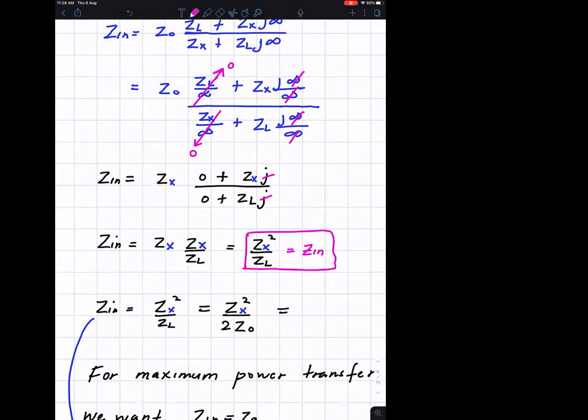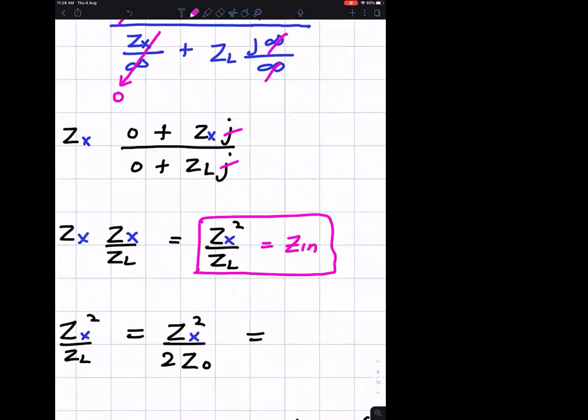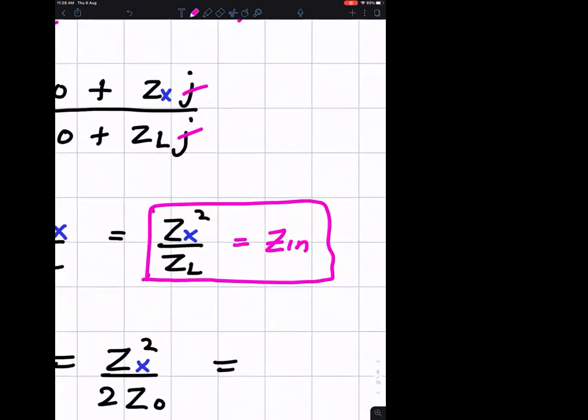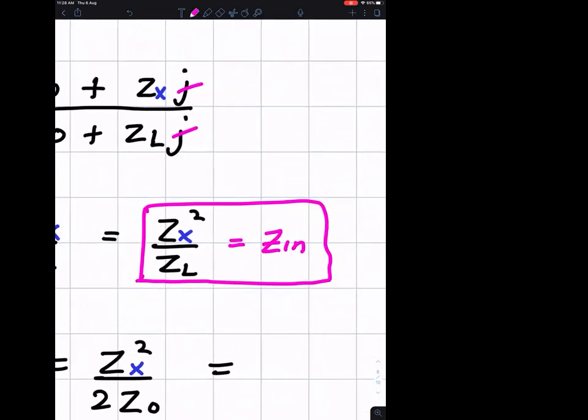That's all I wanted to show. I could have just written this, but then you'd be wondering where it came from. That's why I went through all these things.